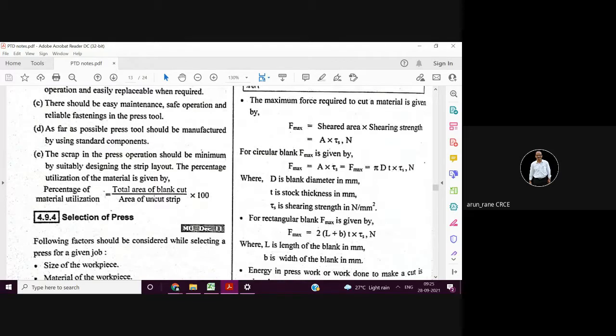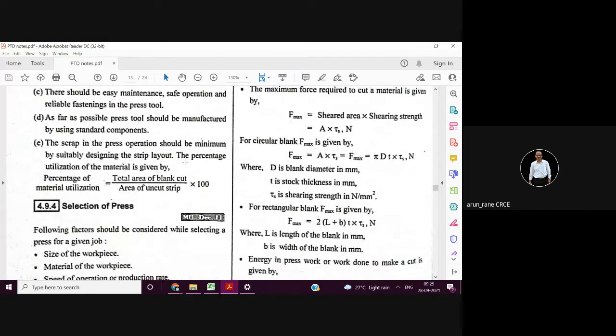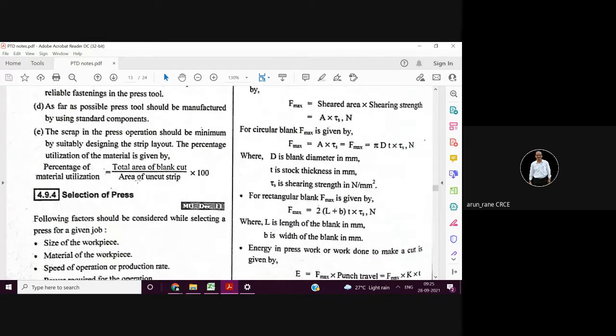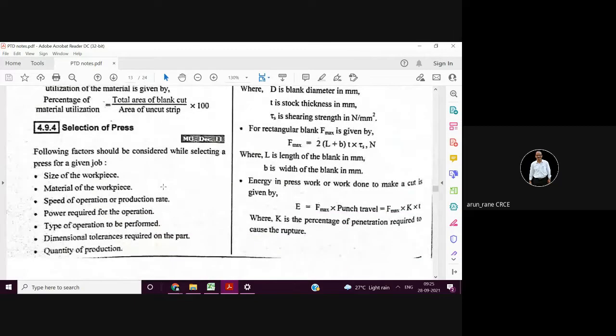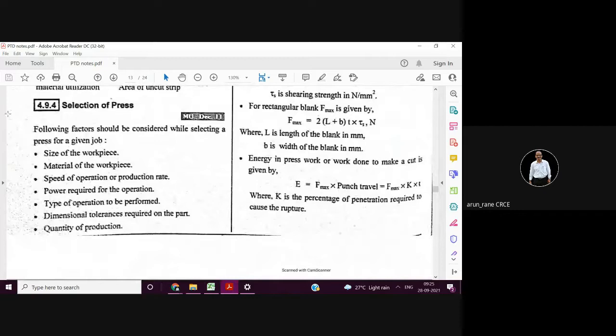You are not supposed to subtract the area of the holes. It is the blanking area. So once you know the specification, you can take a decision for selecting a press.